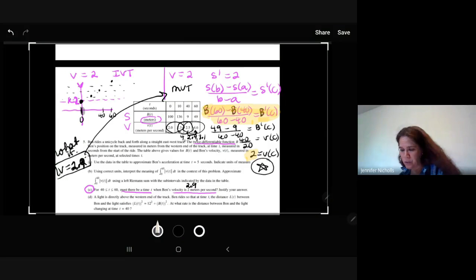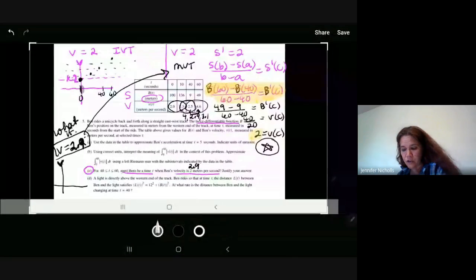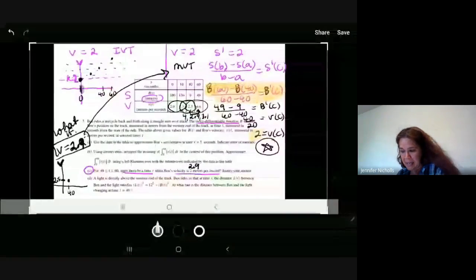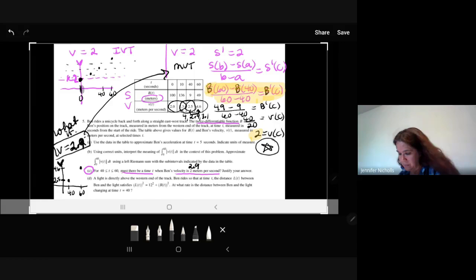Okay, but if it was 2.9 and you drew a picture of V, intermediate value theorem, you have to draw the picture of what you're looking for. And here is 2.5, and that's at 40. And then at 60, it's 4.6 right here. Where's 2.9 compared to those y values that I just graphed?